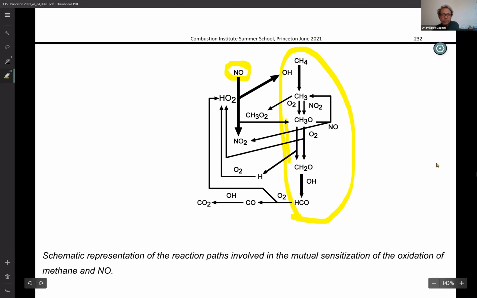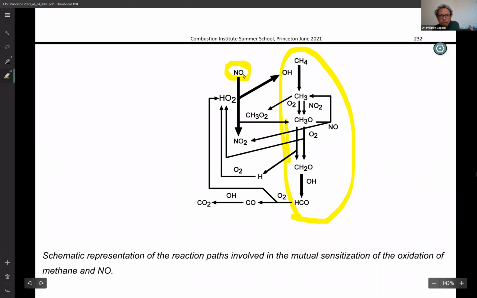And now the interaction between NOx chemistry and the hydrocarbon chemistry comes from several reactions. The reaction with HO2, which converts NO into NO2 and produces OH radicals, which will help oxidizing methane.